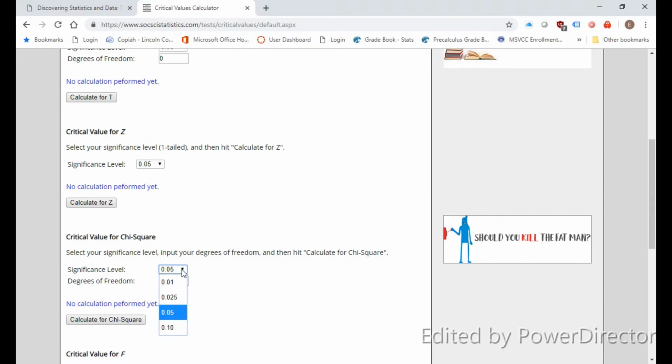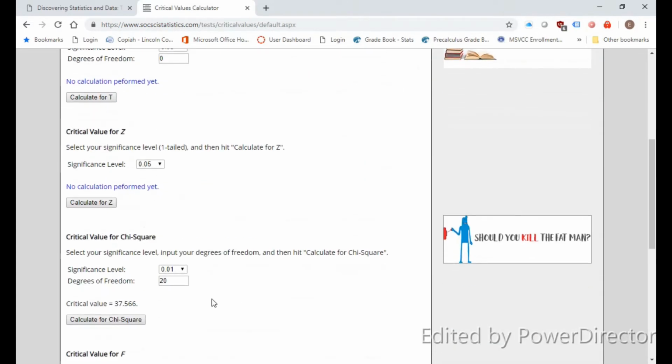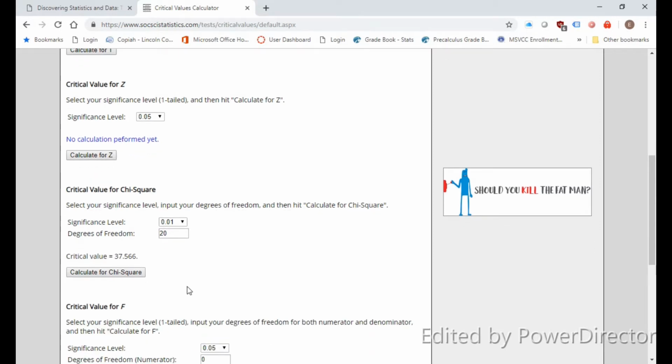It was 80%, so 80% was the 0.1. Let's see if I do degrees of freedom 20. I just want to see what this gives us. It appears that it's only given us 1.